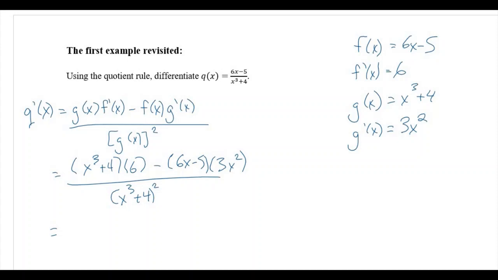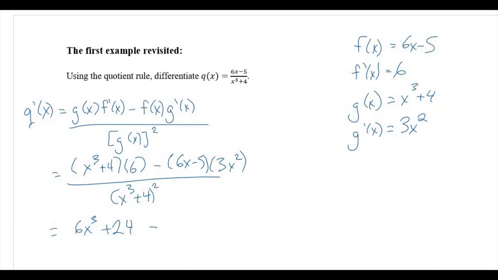Now we just simplify, and let's see if we can kind of make this look a little nicer. So the first two brackets, we multiply them together. So multiply 6 by the terms in the first bracket. We get 6x cubed plus 24 for the first set of brackets. The second set of brackets, we multiply 3x squared by the terms in the first bracket.